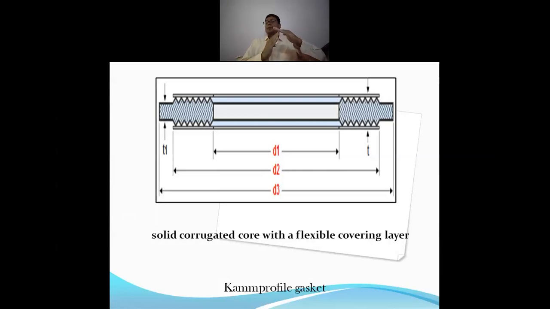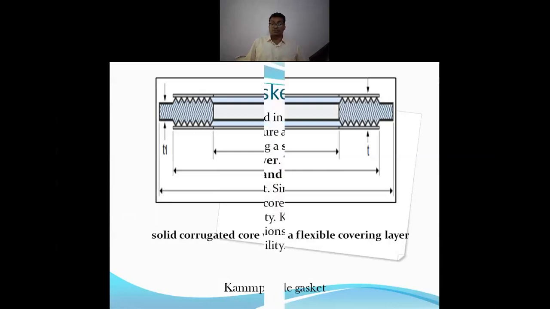Initially it can be compressed easily, but with the application and deformation of the shape you require more and more compressive force. So that is what is happening in these cam profile gaskets.